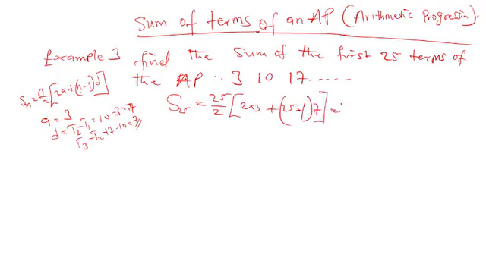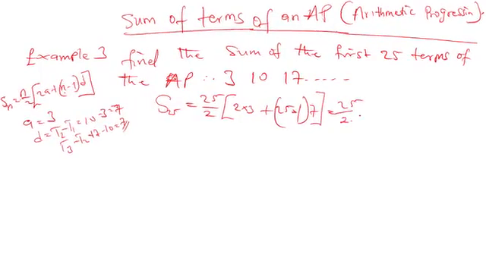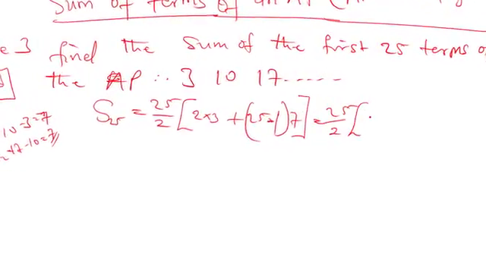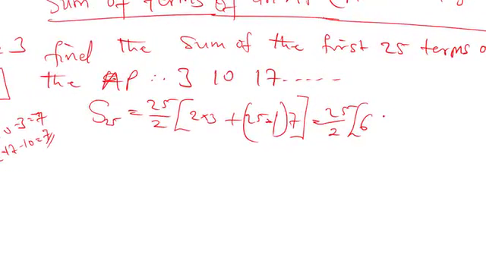So we now have 25 over 2 bracket 2 times 3 is 6, plus 25 minus 1 is 24 times 7.